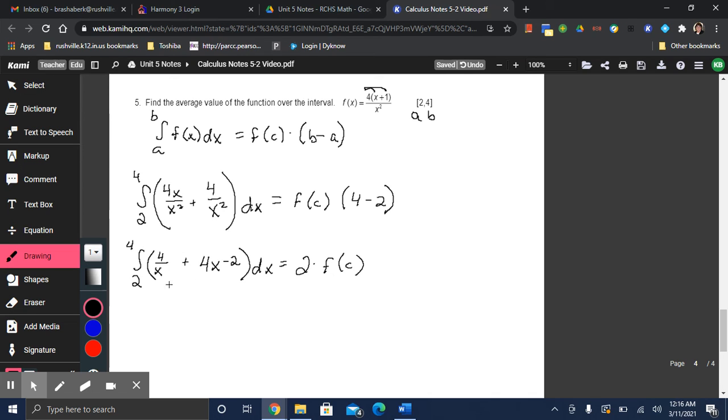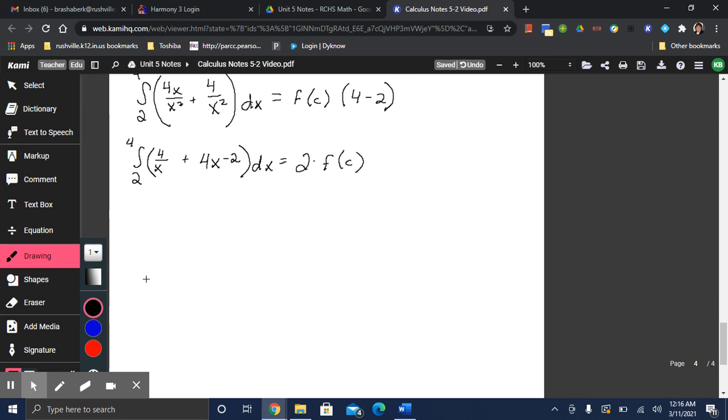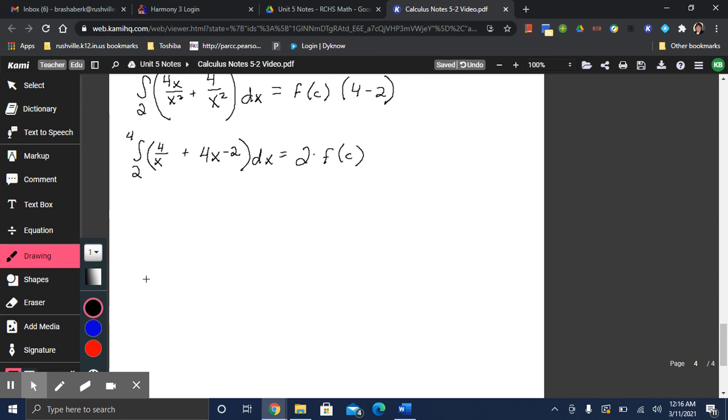I do not need to use a u because I don't have either a product or a quotient that I can't deal with. So to integrate this, the integral of 4 over x will be 4 times the natural log of the absolute value of x plus, and then this I can use the power rule. So that's going to be 4x.